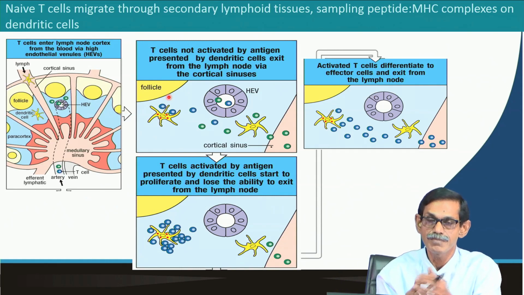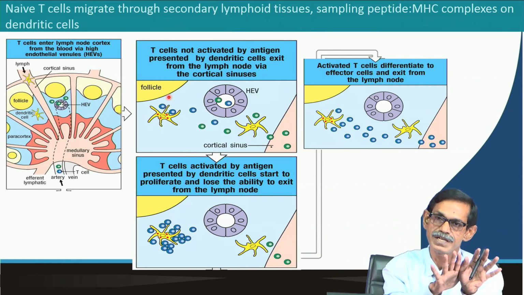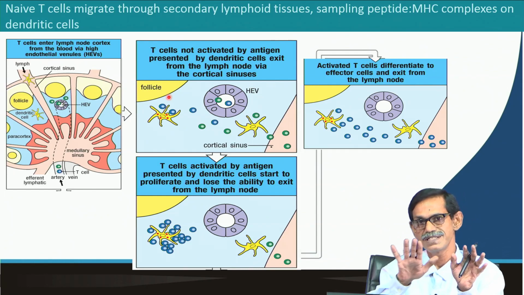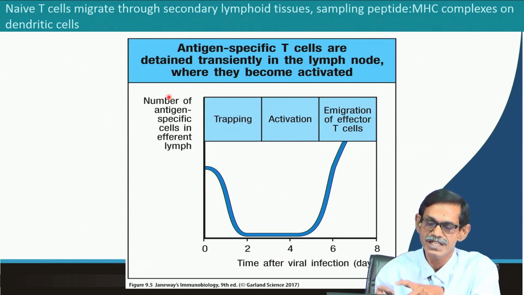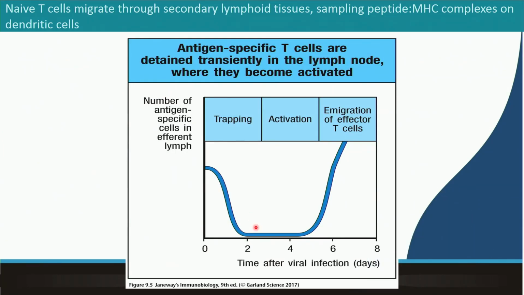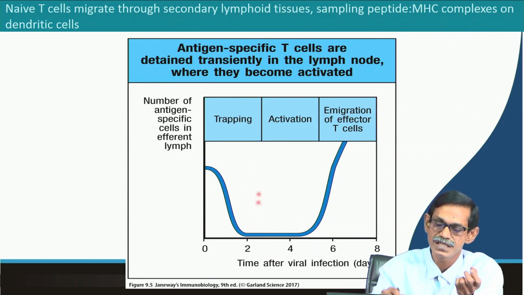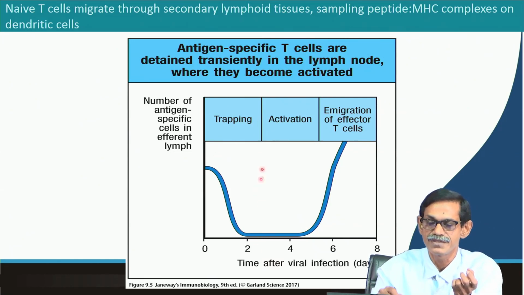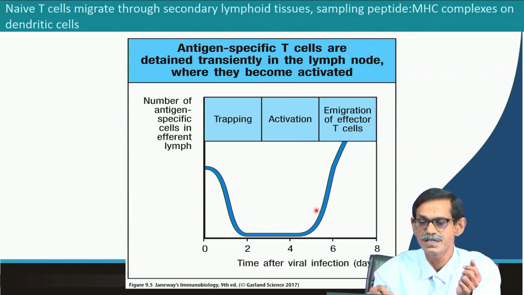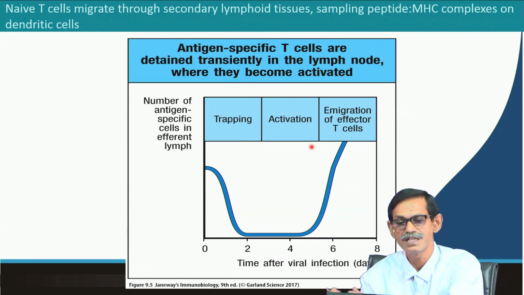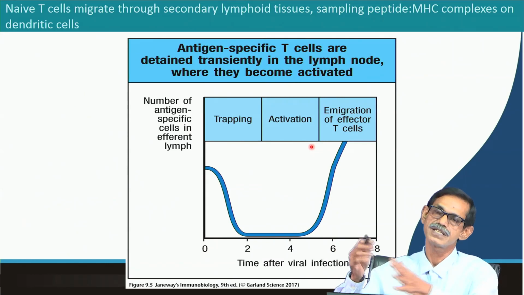So, trapping means scanning of dendritic cells and all possible T cells in that region, which takes 2.5 days. If I can imagine, it is even much less. If the scanning is done, and they are so efficient, and this scanning or trapping is done, then they proliferate and activate. When activation is done, they release an immigration signal for effector T cells to do their job.